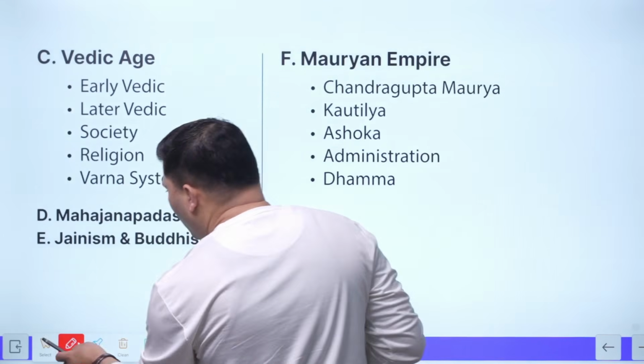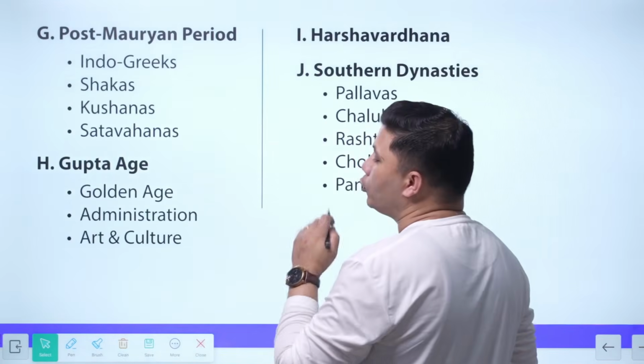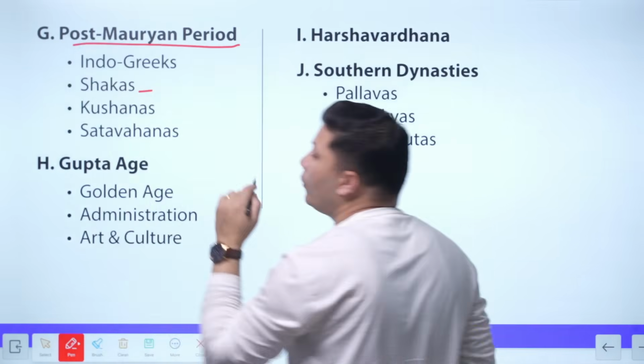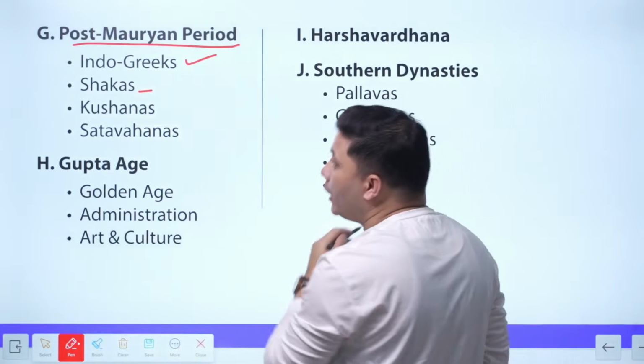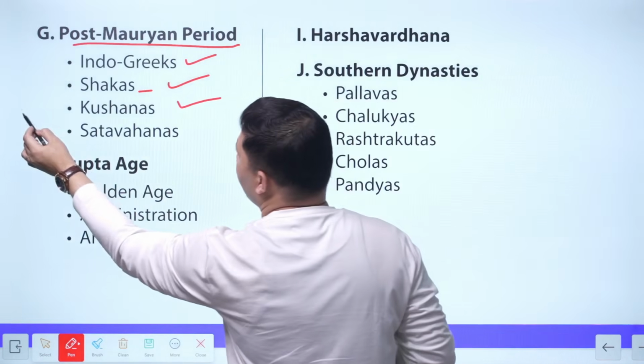Then going forward in ancient Indian history, we also have to study the post-Mauryan period. In the post-Mauryan period, we have to study the attacks of the Indo-Greeks. We have to learn about the attacks of the Sakas and the Kushanas, very, very important.